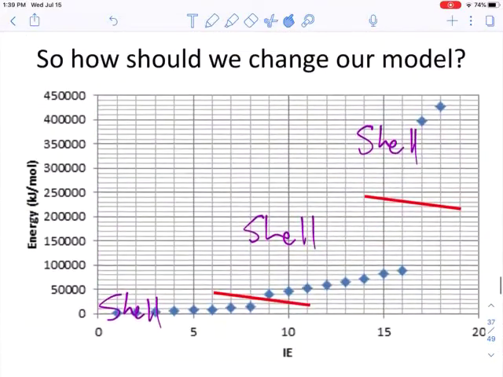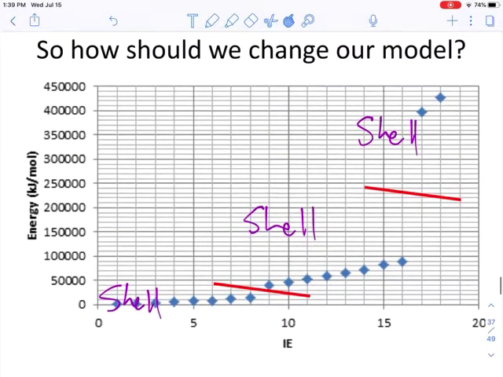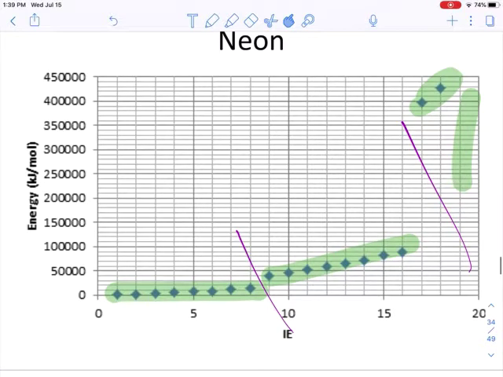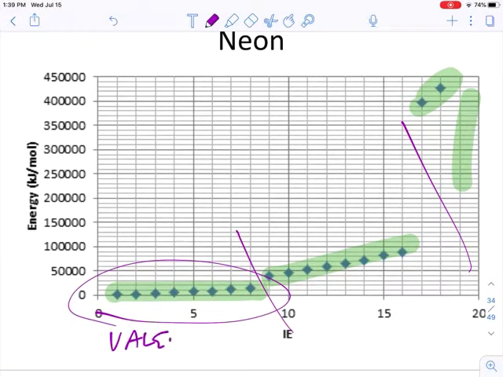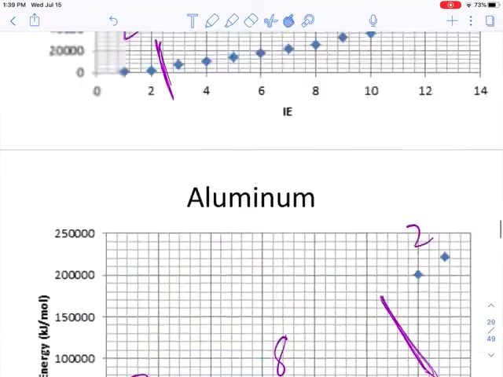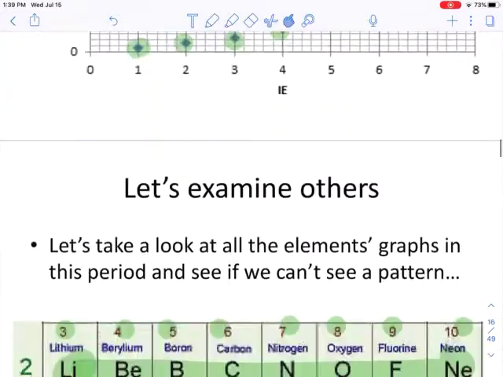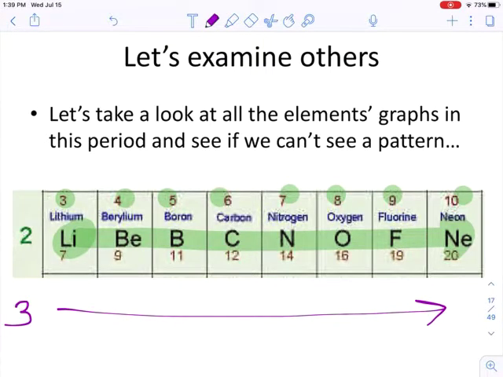So if we go back to these examples here, any one of these that we look at, here's neon, for example. Neon has these that are in the valence: 1, 2, 3, 4, 5, 6, 7, 8. So neon has 8 valence electrons, which is why it's not surprising that, if we check the periodic table, it is in the 8th column.